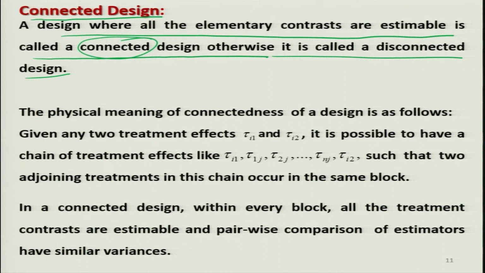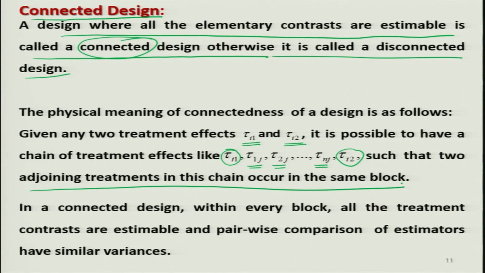If you have any two treatment effects, say tau_i1 and tau_i2, then it is possible to have a chain of treatments: here I have tau_i1 and here I have tau_i2, and in between I have the treatments tau_1j, tau_2j, up to tau_nj, and this chain of treatments is such that two adjoining treatments in this chain occur in the same block.